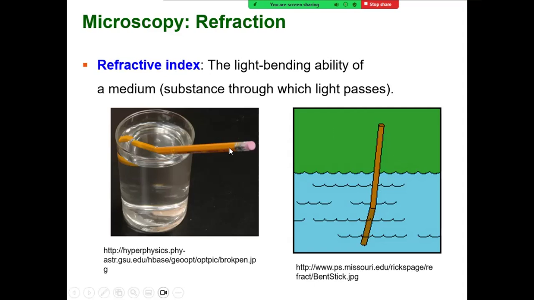The reason a pencil looks bent, when it's really a straight pencil, is just because of the refraction of light when the light leaves the water and enters the air, and vice versa when the light leaves the air and enters the water. Wherever the media changes, the light can bend, and we call that refraction. The refractive index is the ability of a medium to bend the light. Any question about any of that?